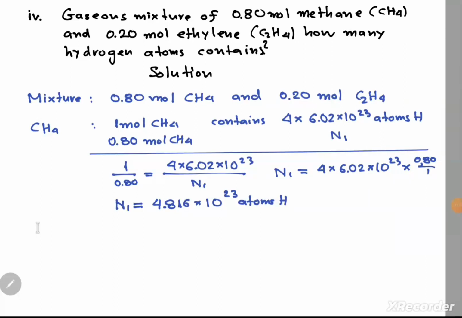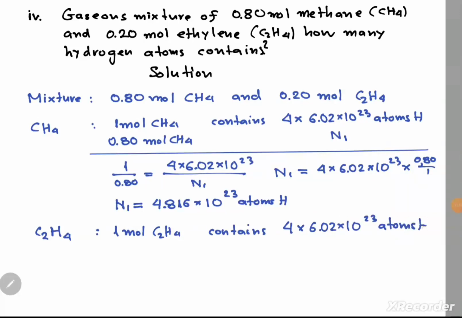Then we go to the second component of the mixture, ethylene. 1 mole of ethylene contains 4 times the Avogadro constant of hydrogen atoms.